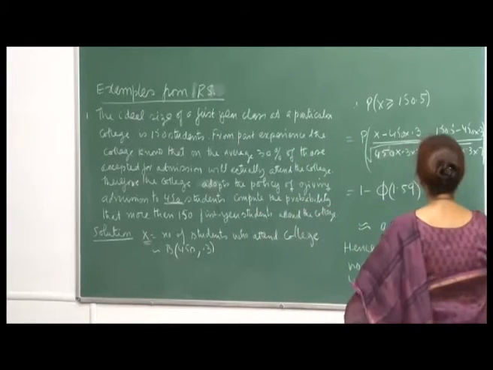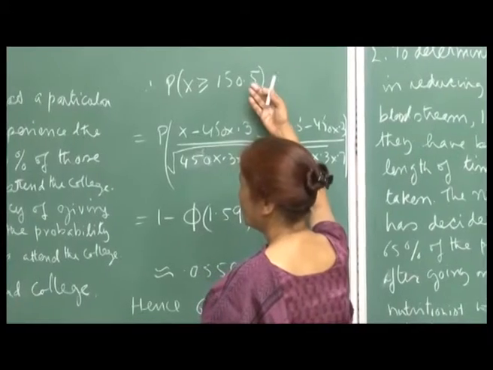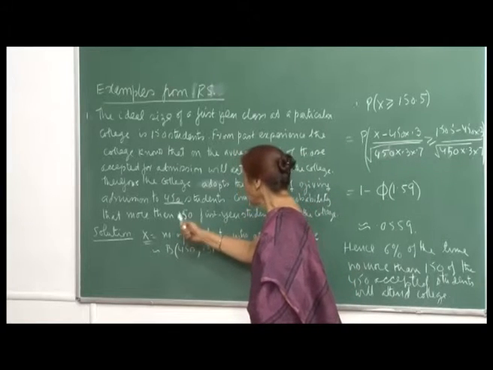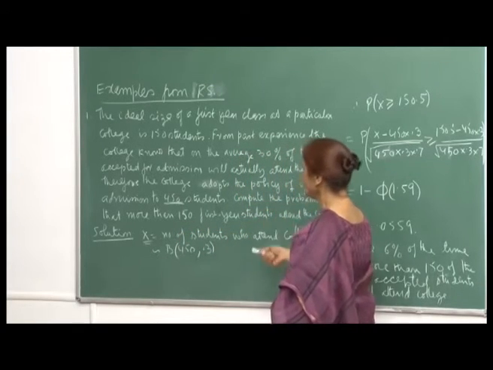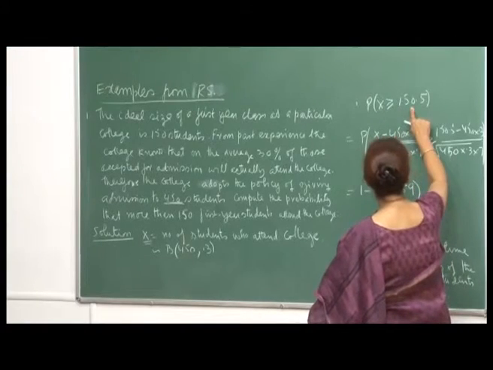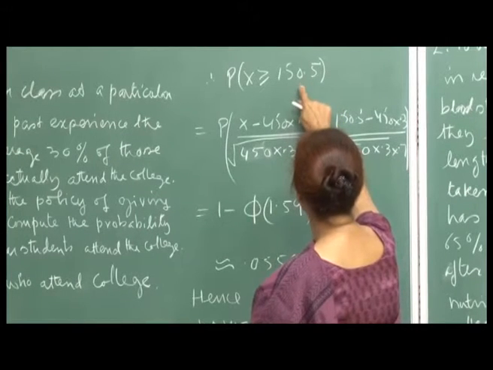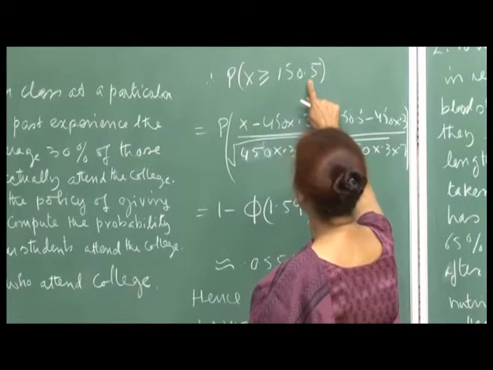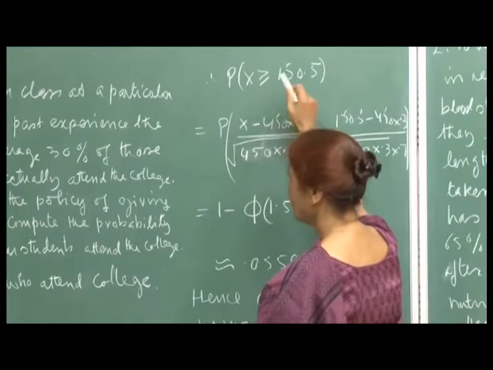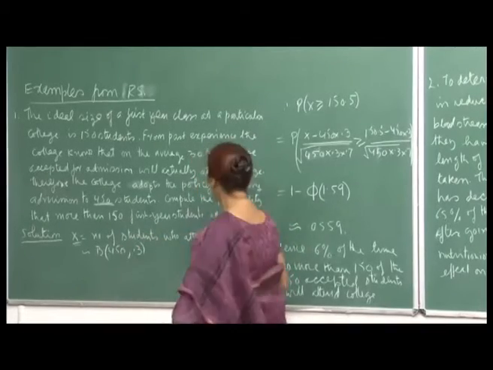So, therefore, you have to compute the probability of more than 150, that means it should be 151, 152 and so on. So, when you write probability x greater than or equal to 151, then when you apply the continuity correction, this will become 150.5, because you are actually asking for the probability that x is greater than or equal to 151, because more than 150.